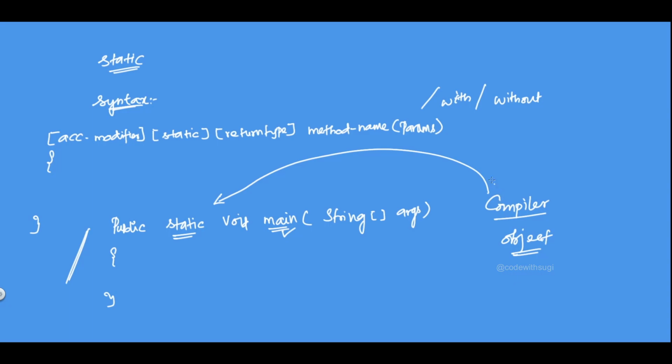So the compiler easily will identify this main method, then it will execute your program from this point to this point. If not, no issues, we will going to have a different video for this public static void main alone. In that we will discuss everything clearly.